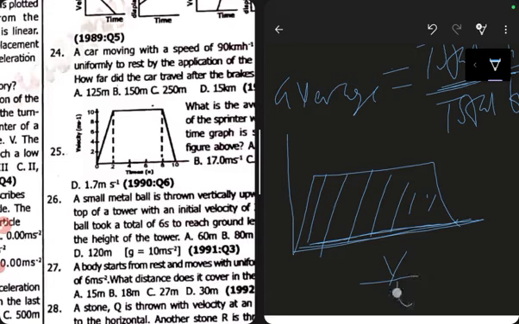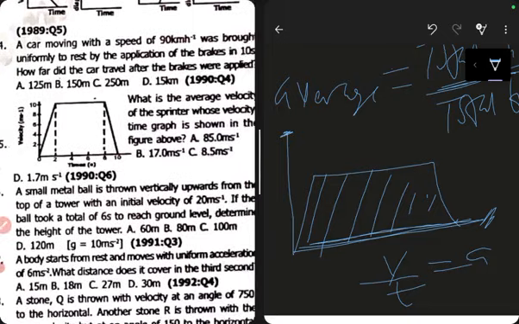So velocity over time is acceleration. So the slope of a velocity time graph shows acceleration. Then the slope of a distance time graph, distance over time, is speed. But that's not what we're asked here. They said, what is the average velocity? So average velocity is total distance over total time.